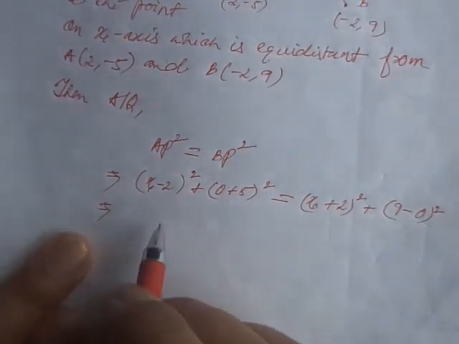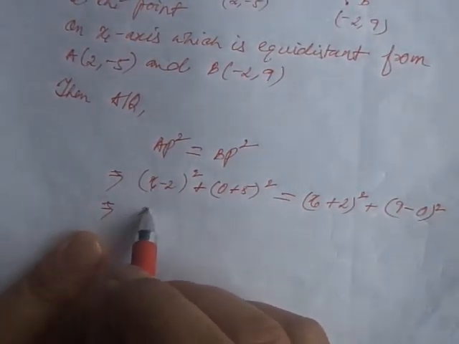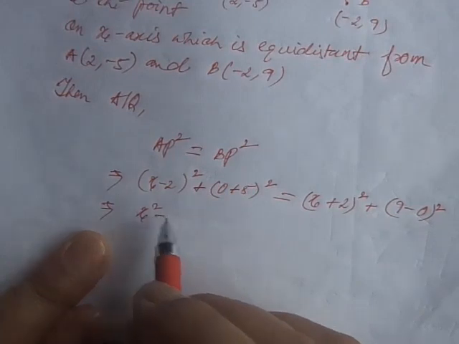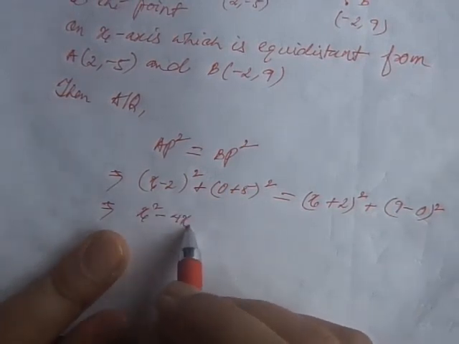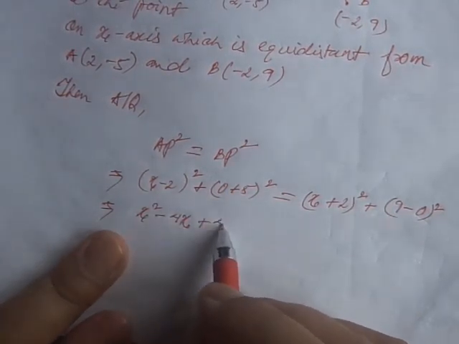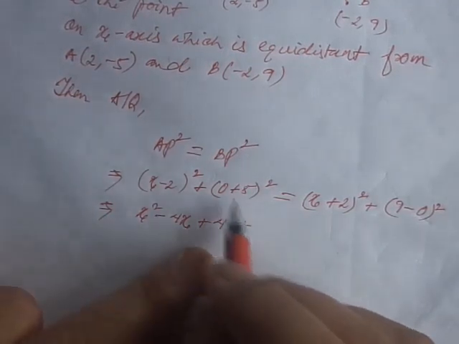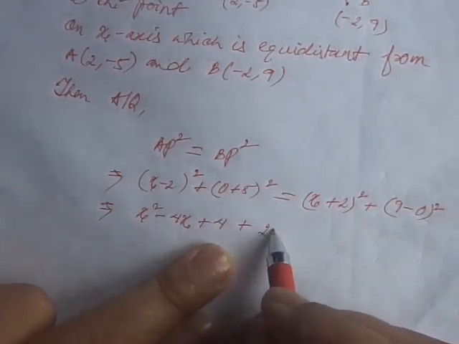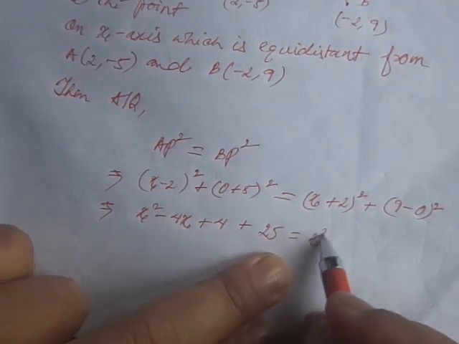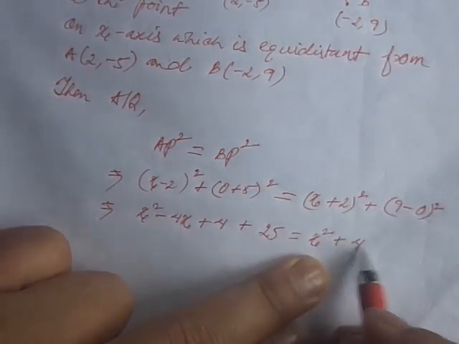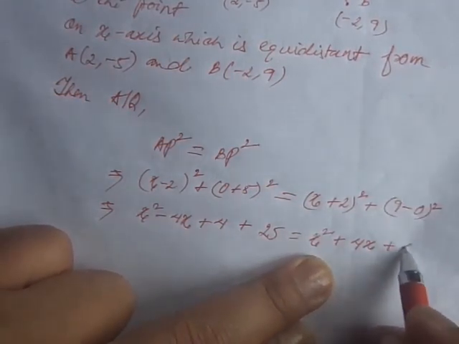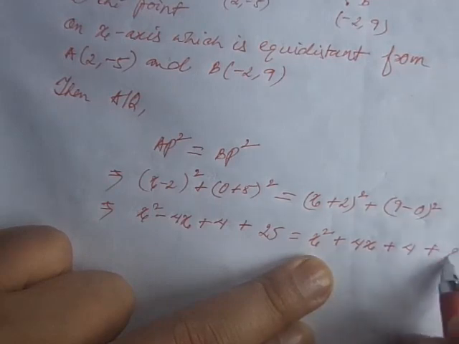Then this one we can write as a square minus 2ab plus b square, so it will be x square minus 4x plus 4, then plus 5 square is 25, equal to a square plus 2ab, so x square plus 4x plus 4, then plus 9 square is 81.